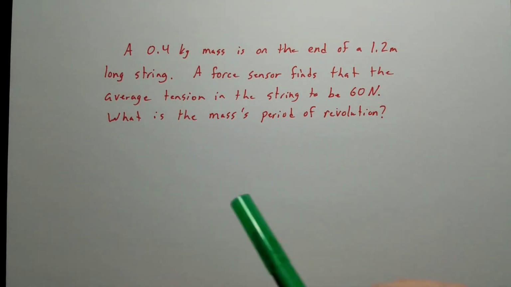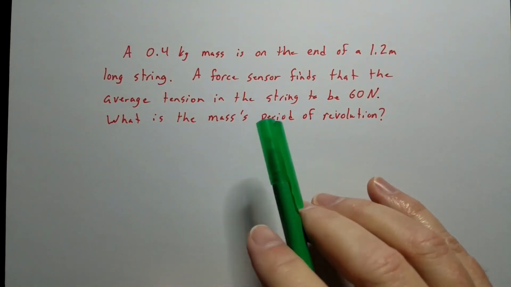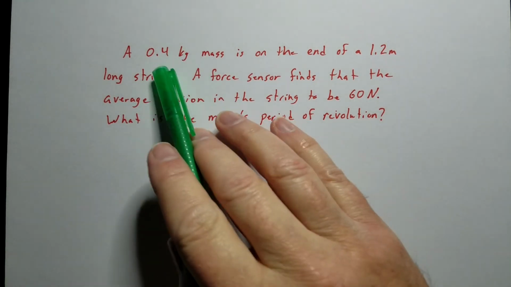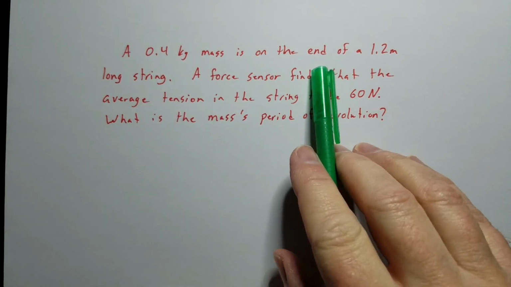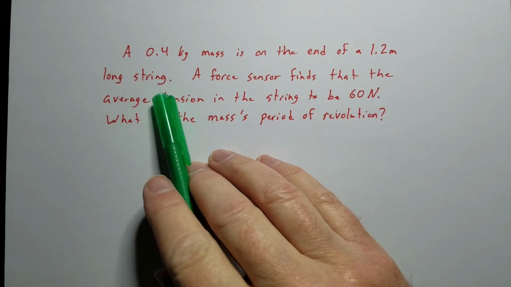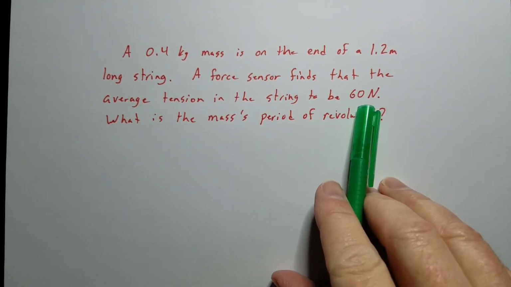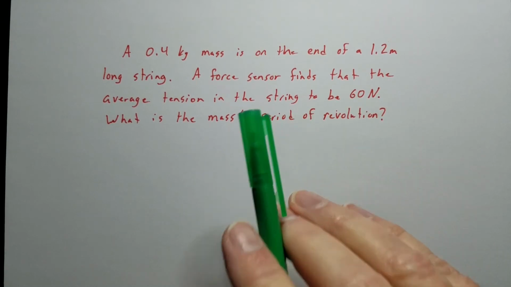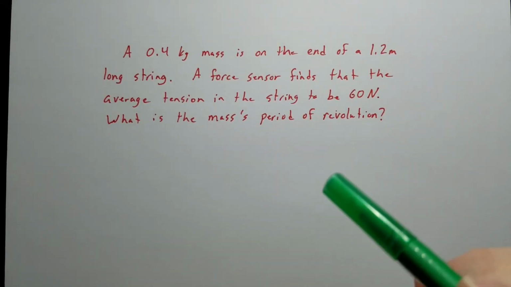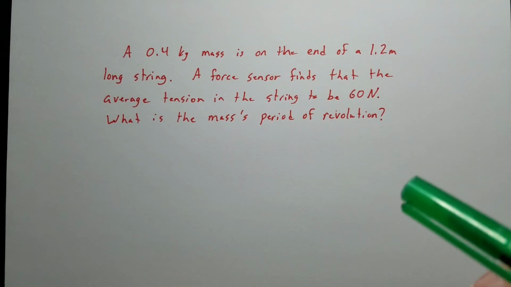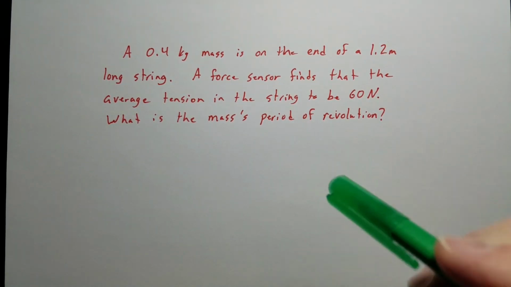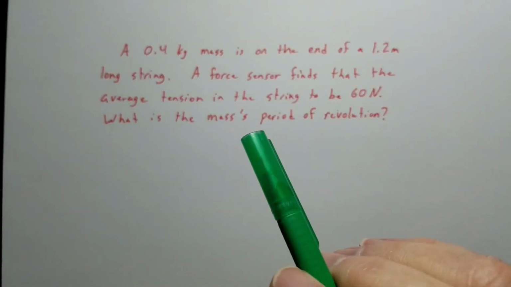Let's look at this one. We like to have things on the end of a string. So we've got a 0.4 kilogram mass on the end of a 1.2 meter long string. I have a force sensor that says the tension is 60 newtons. Now again, remember circular motion and centripetal force. Centripetal force is a renaming of another type of force.